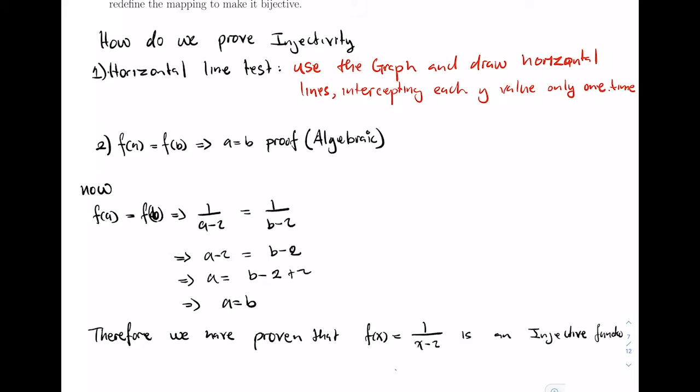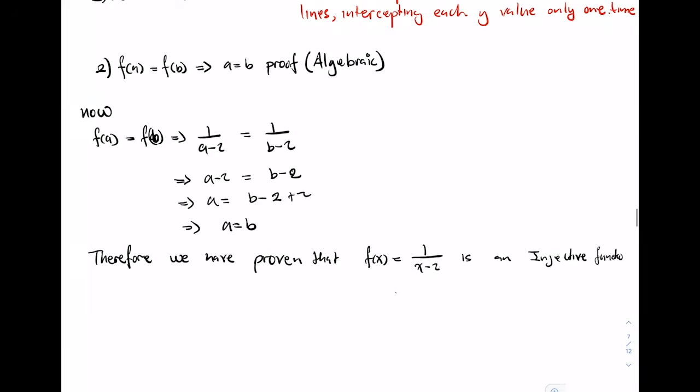Right, so the next thing we need to do now is to prove surjectivity. So how do we prove surjectivity? And I only know of one method right now. So if you know of any other methods, you are free to comment down below.